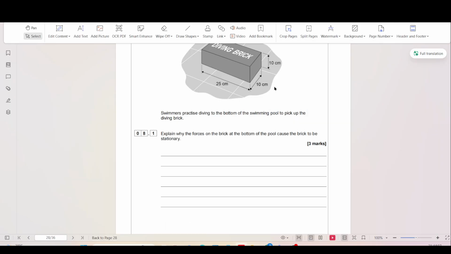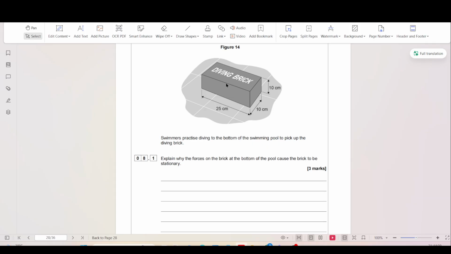We need to find the area. This is 10 centimeters. This is the top surface, right? We have given one length, which is 25. The other, how wide is it? 10 centimeters.